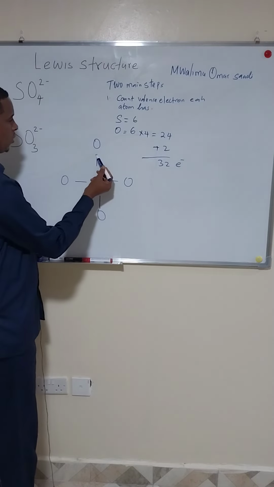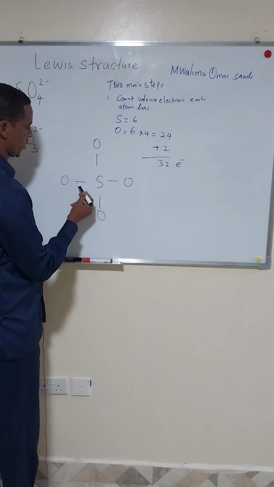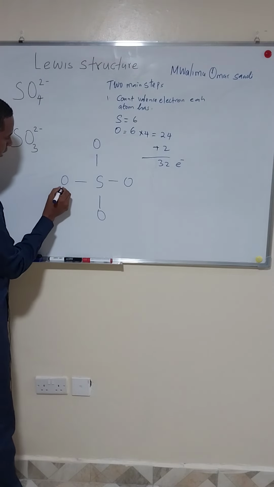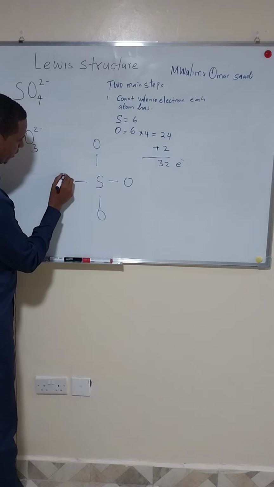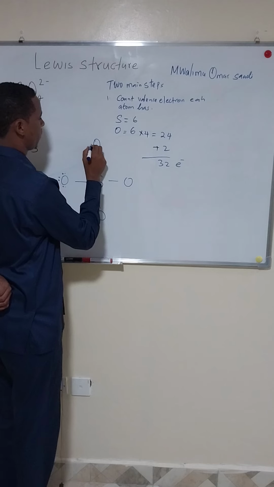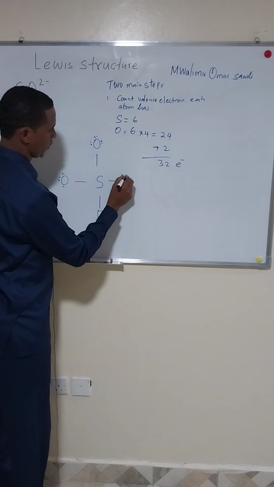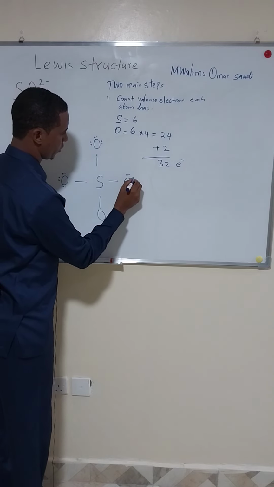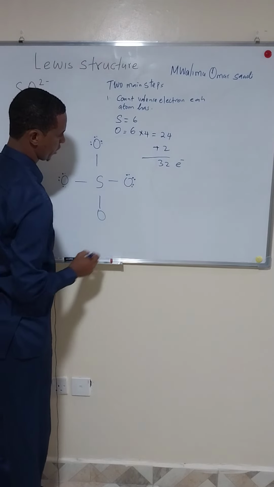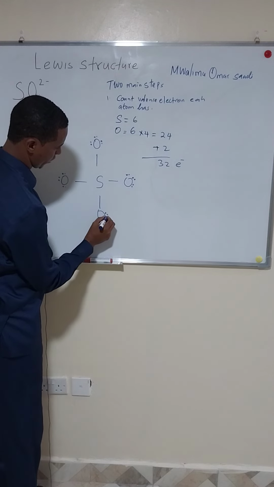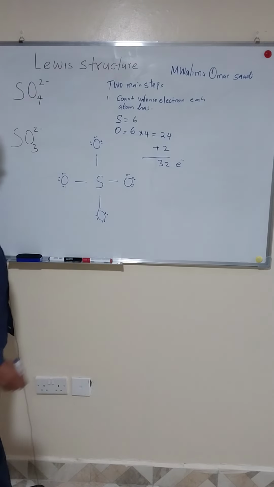So here we have 1, 2, 3, 4, 5, 6, 7, 8, then 9, 10, 11, 12, 13, 14, 15, 16, 17, 18, 19, 20, 21, 22, 23, 24, 25, 26, 27, 28, 29, 30, 31, 32.